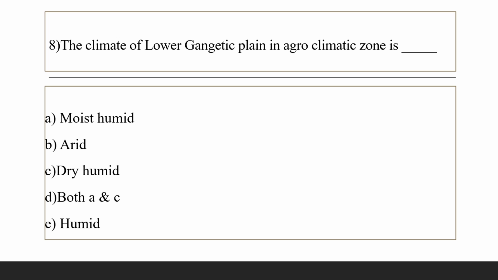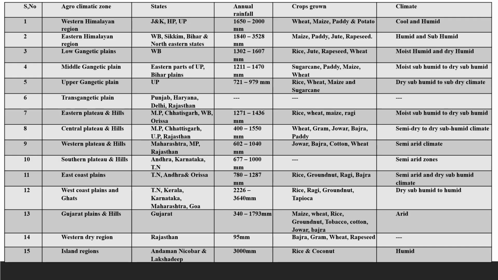So the answer is option D, both A and C. You can make notes for agroclimatic zones. Divide the agroclimatic zones into 15 parts according to state, annual rainfall, crops grown and climate. It is easy to recall.